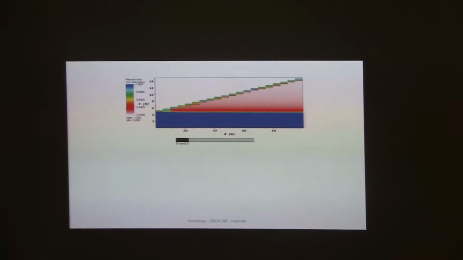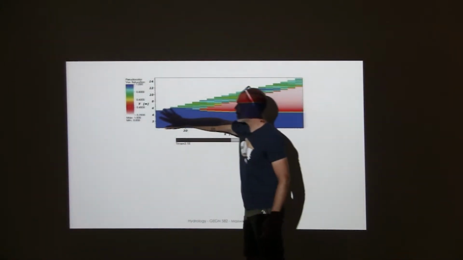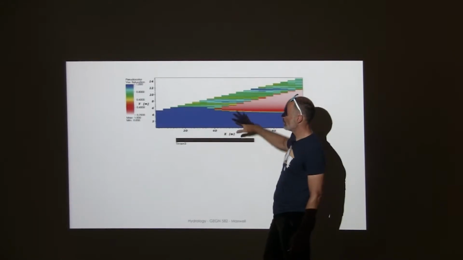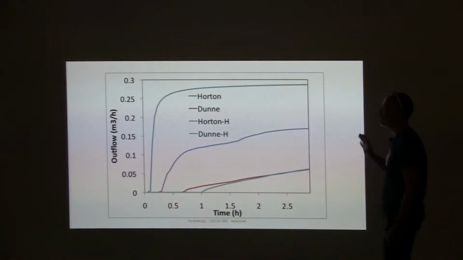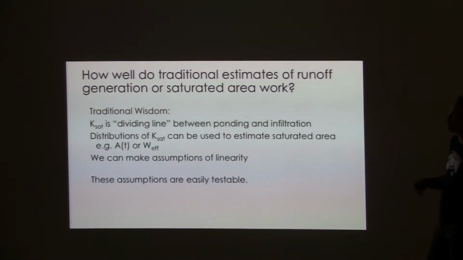We can up the k a little bit. This is now more like a heterogeneous Dunne flow case. Water table's engaged, but it's not quite as engaged. And so we can start to think about how we might use heterogeneity in these models to represent these systems.